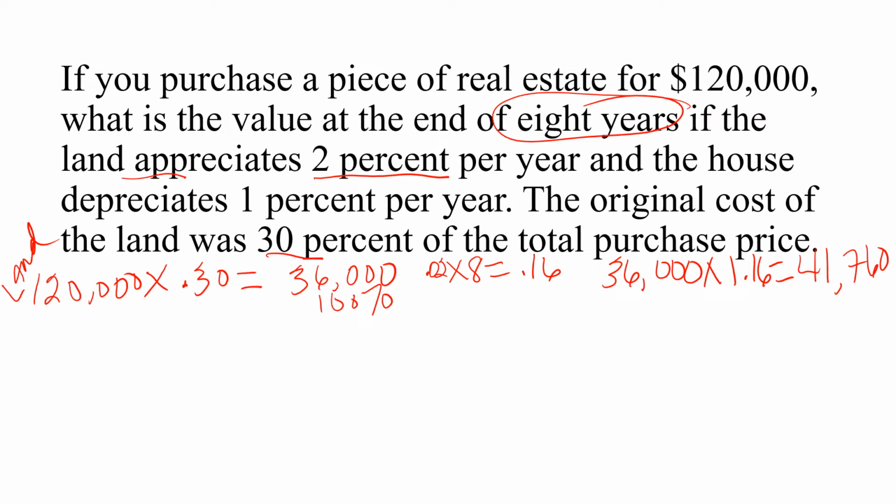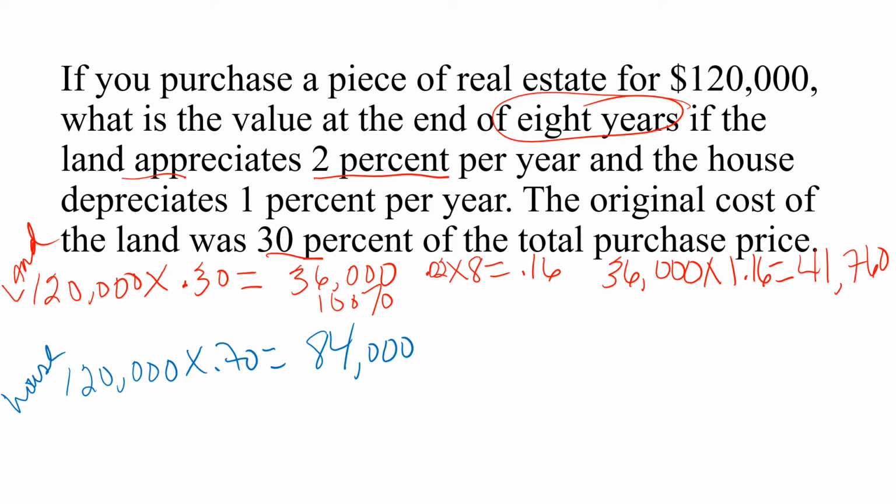Okay, now let's do the house in a different color. Okay, so the house is going to be 120 times 0.70, because 100% minus 30% is 70%. So that says the house was worth 84 when we bought it.